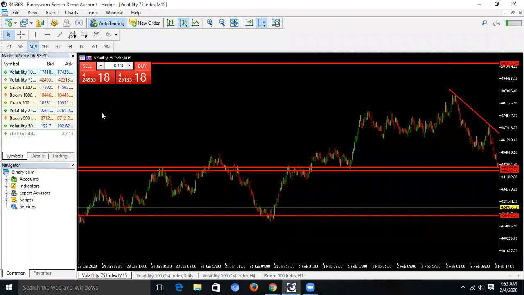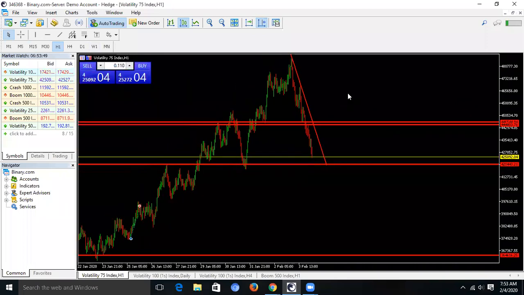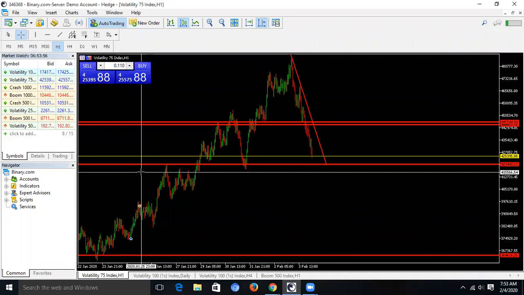Now, because of what price has done in the past, we do this according to the history of the market. We want to put our stop loss here because we are predicting, right? Price can also go against us. It's possible.